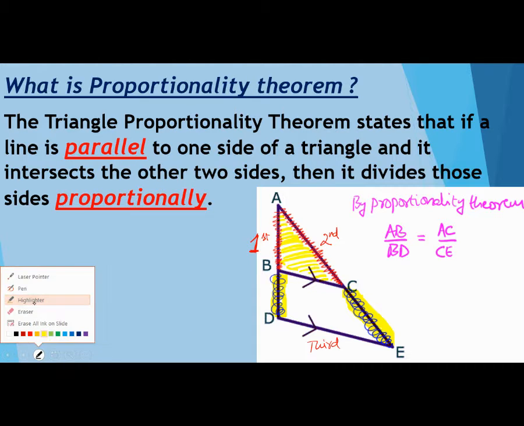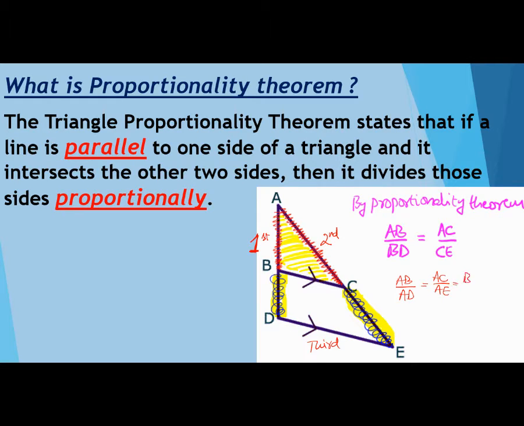And you can also take it the other way: if I take the small triangle side AB and the large triangle side AD, that equals the small triangle side AC over the large triangle side AE, which equals the third side BC over the large triangle side DE.